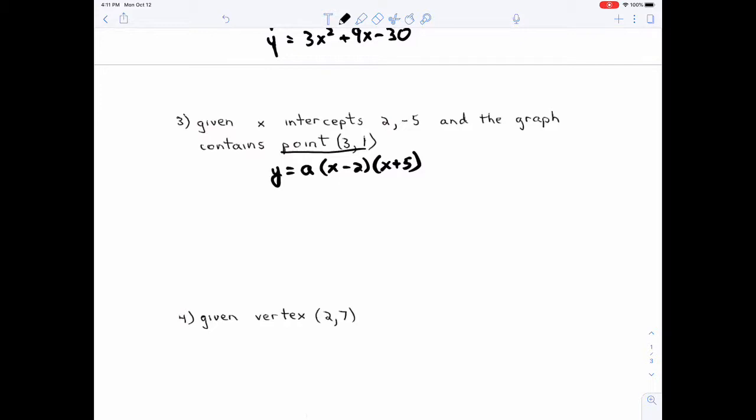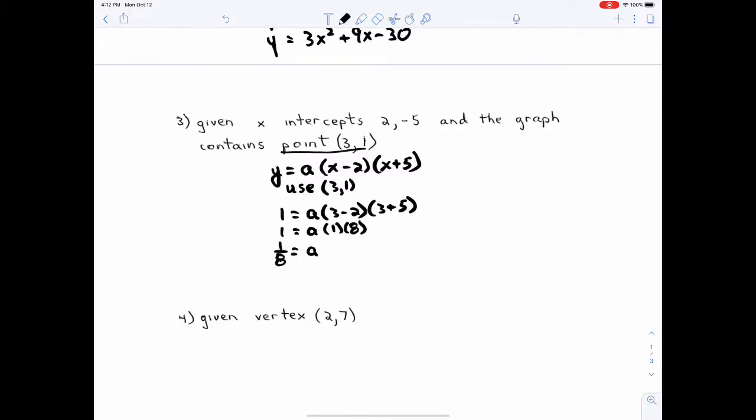So what do you do? You plug in the point (3, 1). So where there's a y, we put a 1. Where there's an x, you put a 3. So that's 1 equals a times 1 times 8. So a is 1/8.